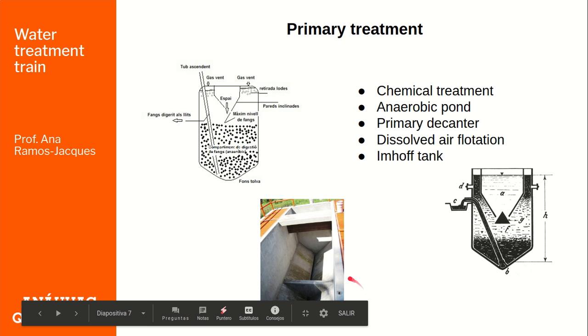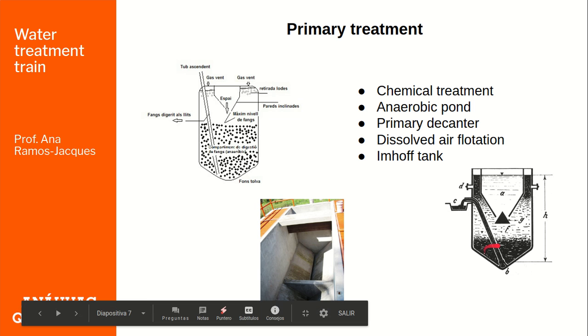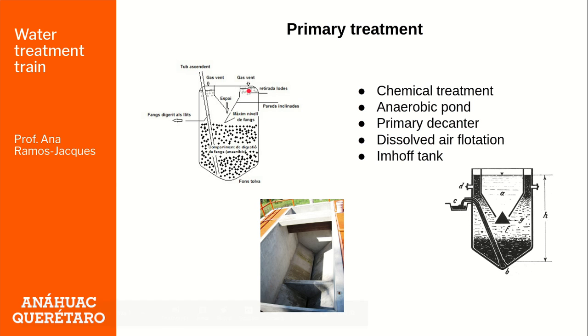This is the tank, and you have these parts where you obtain the sludge at the bottom of the tank, and here you could use a gas vent, and the liquid leaves from here. This primary treatment includes chemical treatment and anaerobic digestion.